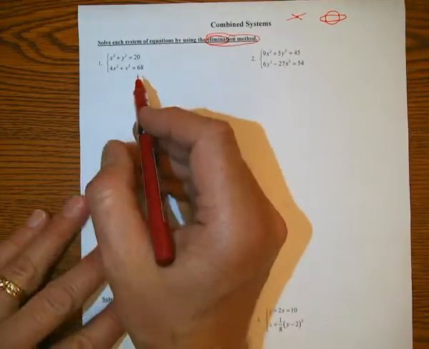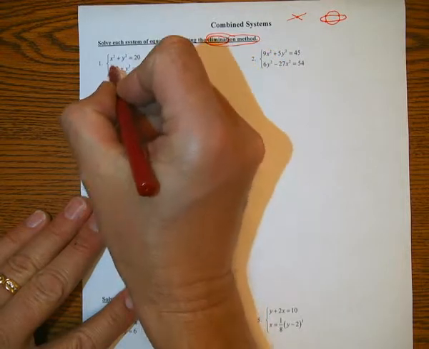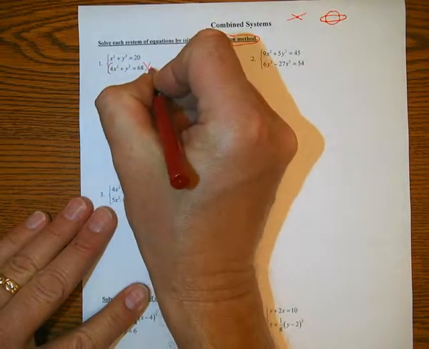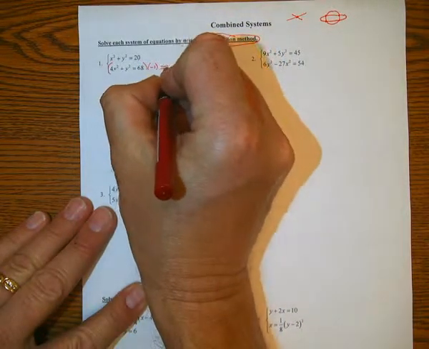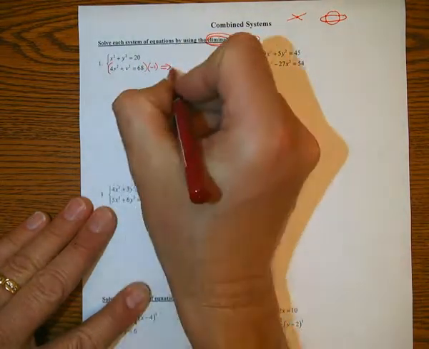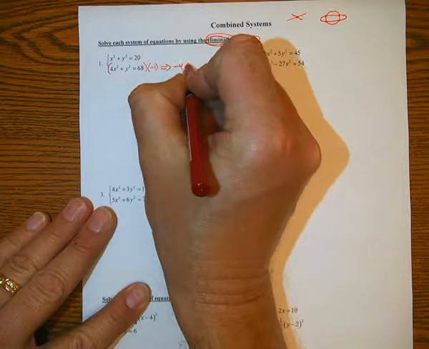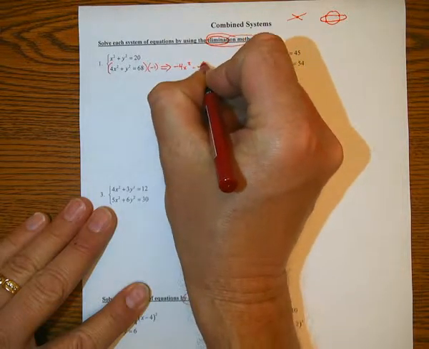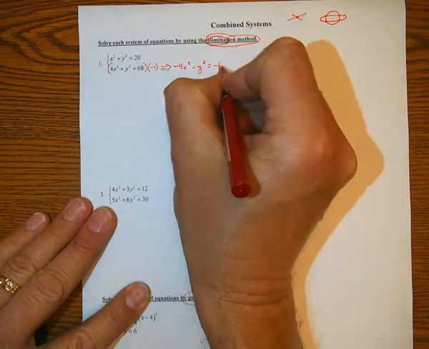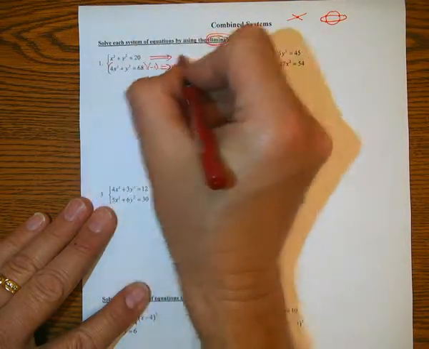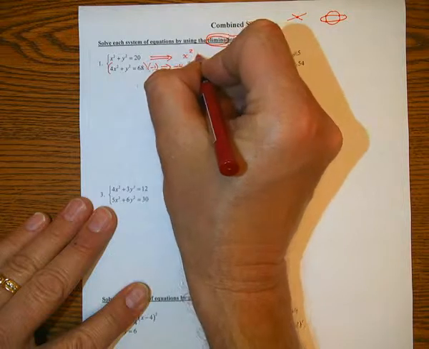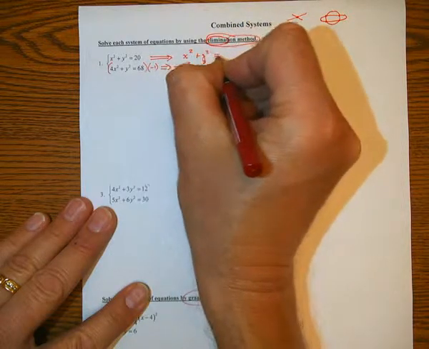Now, in order to get those to cancel out, I need to multiply one of my equations by negative 1. This equation now becomes negative 4x squared minus y squared equals negative 68. This equation, we didn't do anything to it, so it's going to stay the same.